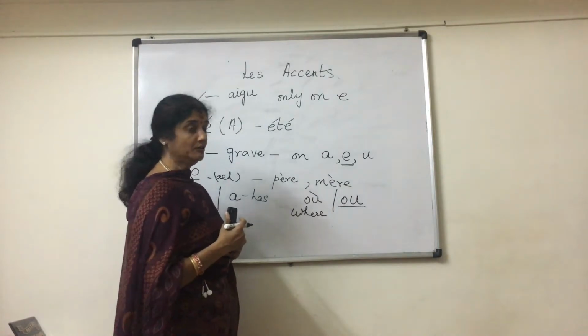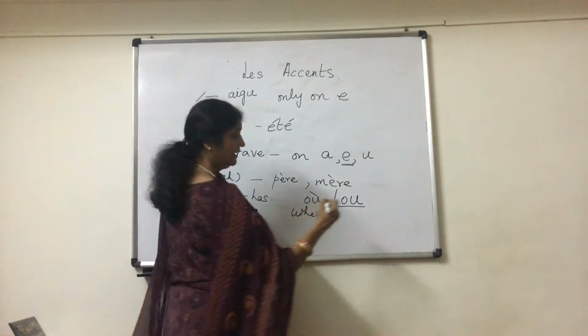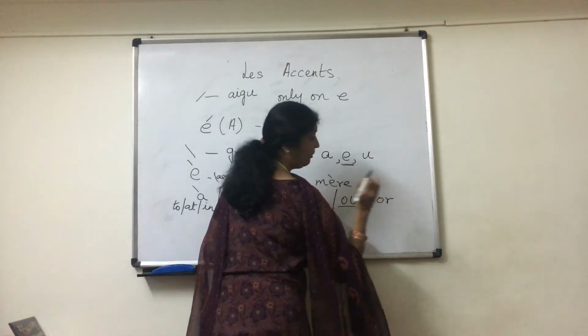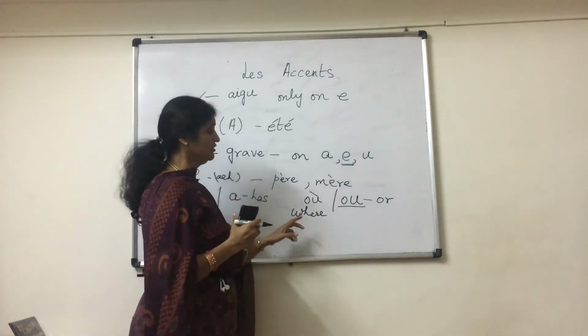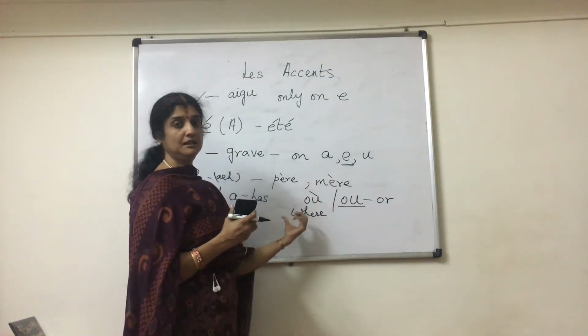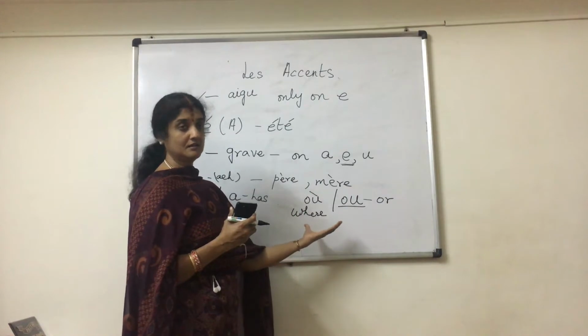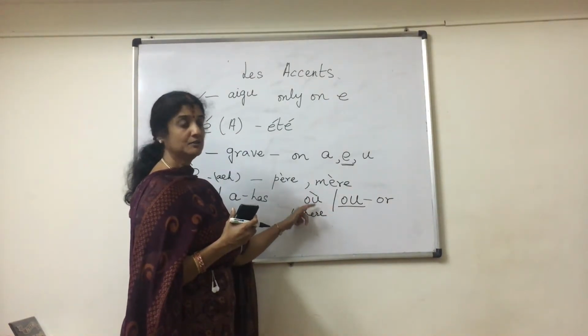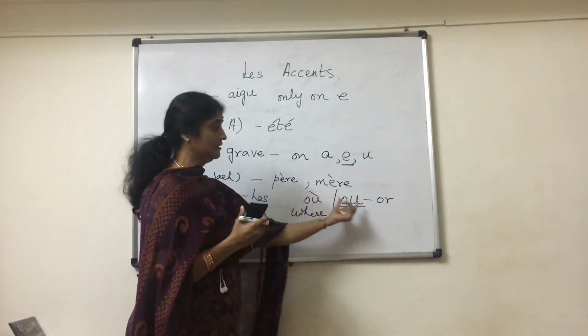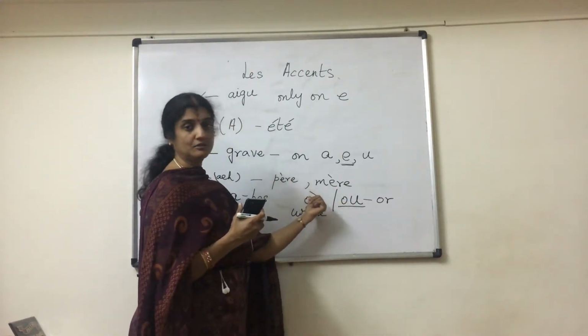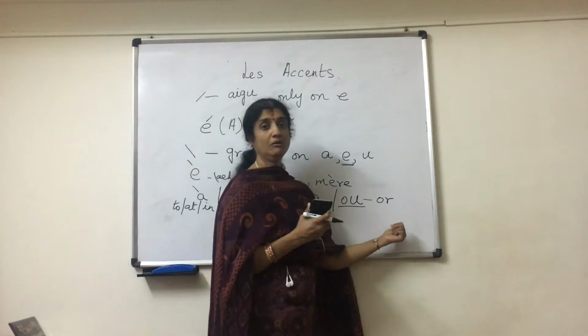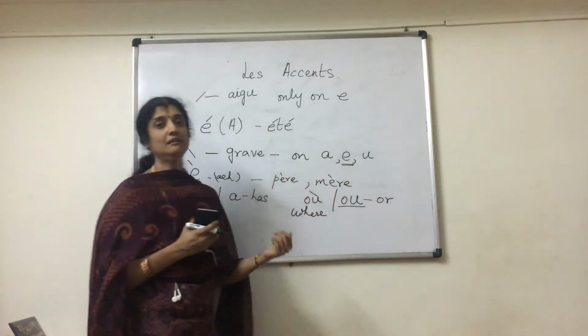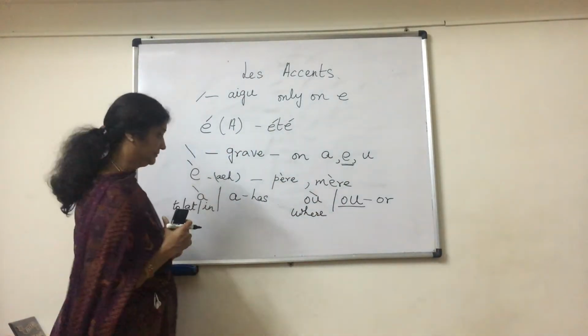Ou without the accent grave indicates the conjunction or. So to differentiate between two totally different meaning words, we write the accent grave on top of u, which is where, and ou without the accent grave means or, which is a conjunction, pen or pencil.